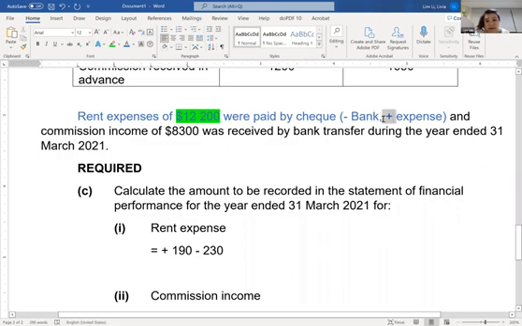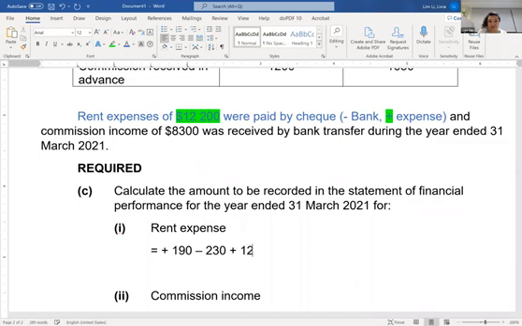And since I'm going to increase my expense, I am going to record it as plus 12200. So 190 minus 230 plus 12200. My final rent expense is 12160.